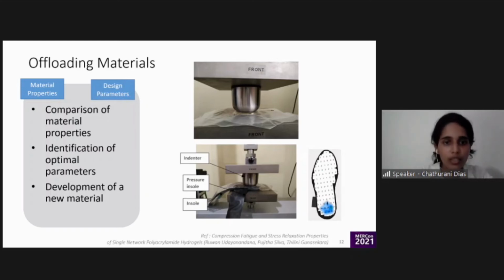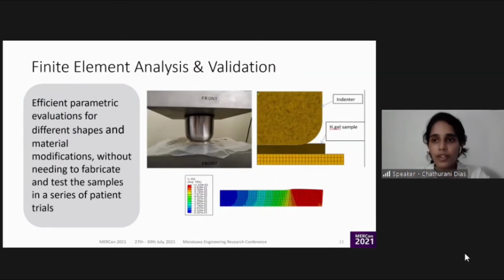I would like to quote the study conducted by my colleague on this, where the properties of this material have been further investigated. After that, a finite element analysis model was further developed. Again, I would like to quote my colleague Ruan Udayananda's work on this.